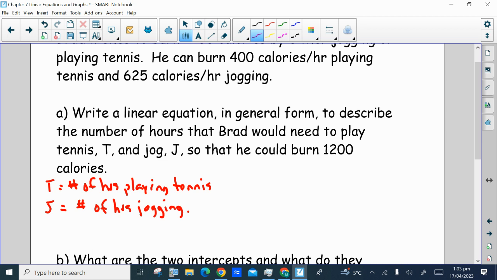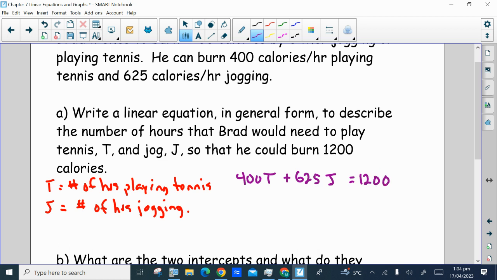We are told that he burns 400 calories an hour playing tennis. So 400 calories per hour times T hours of playing tennis, that'll give us the number of calories burned playing tennis. And he can burn 625 calories per hour jogging. J is the number of hours jogging, so this term will tell us how many calories he burns jogging. And he wants to burn 1,200 calories.